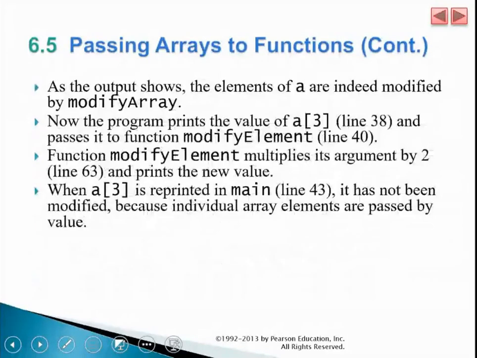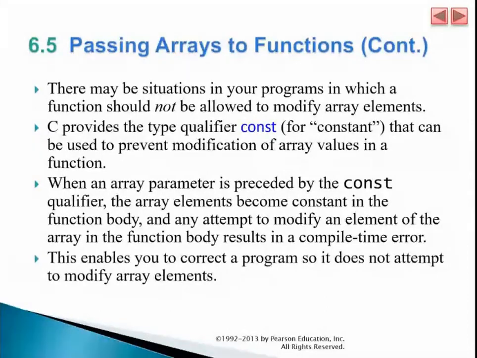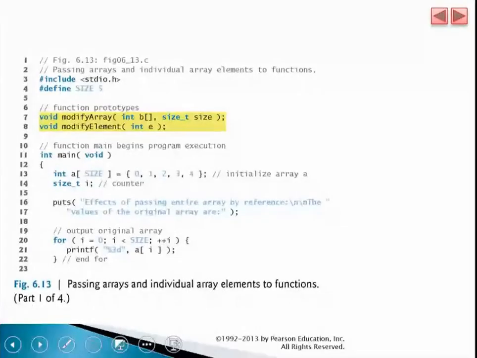We will just see one example of this, modify array. Yes, so this is the example. Let's see what happened. In this, we will make a function modifyArray. In that function, we will change the value of this b.